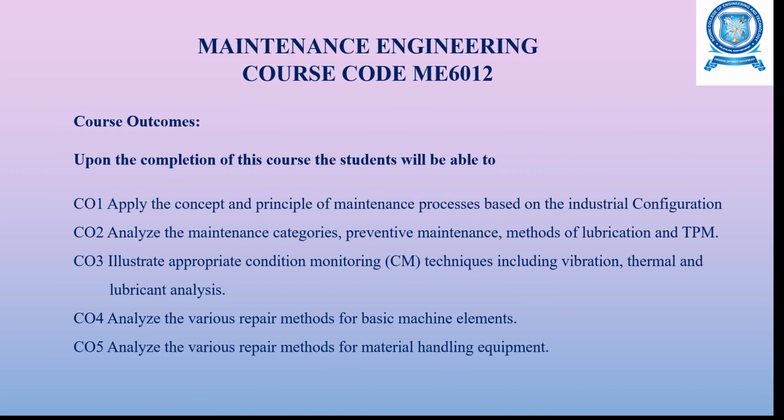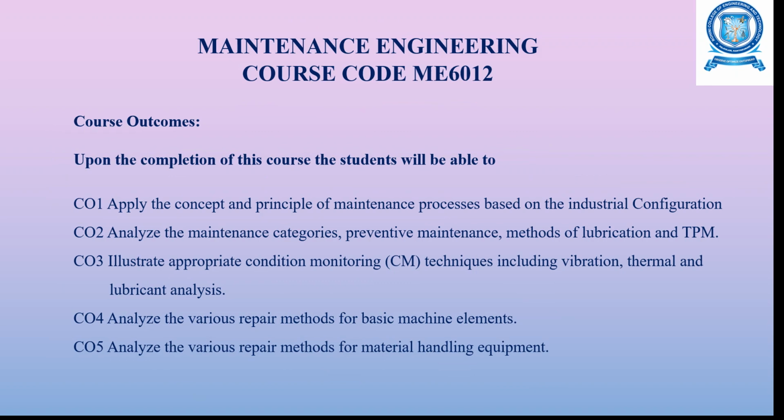So the students on completion of this course will be able to apply the concept and principle of maintenance processes based on the industrial configuration from Unit 1, and from Unit 2 the students will be able to analyze the maintenance categories, preventive maintenance, methods of lubrication and TPM.